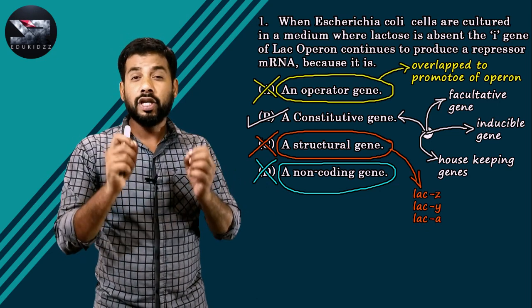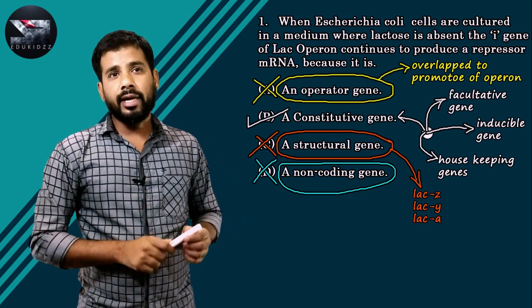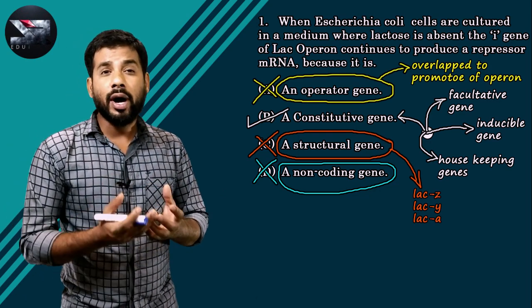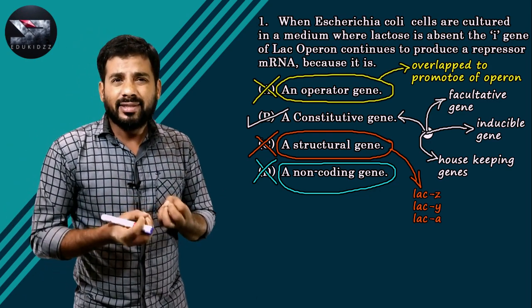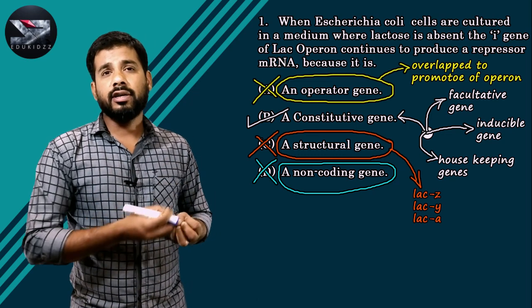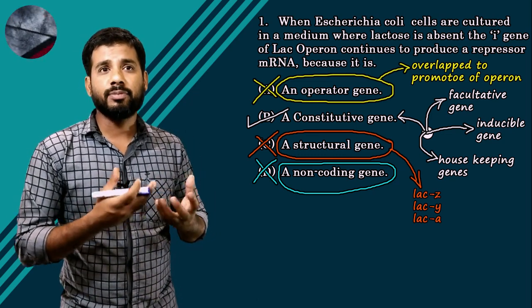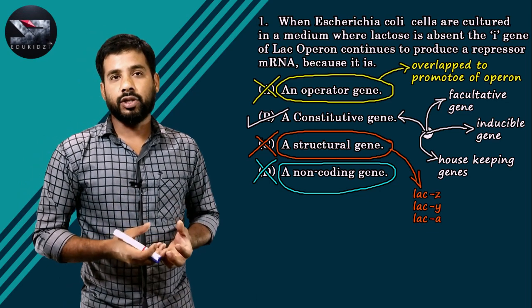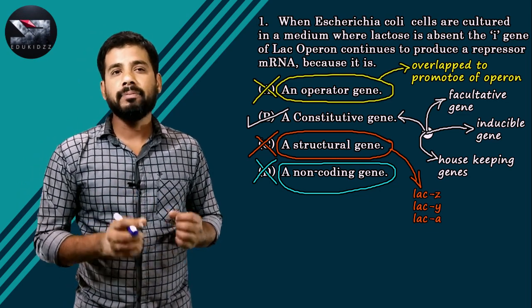This is about the inducible gene. And the final one is the housekeeping gene. These are genes which are required to maintain the basic cellular functions of an organism, especially the expression of various body functions in organisms. That is what are said to be housekeeping genes.